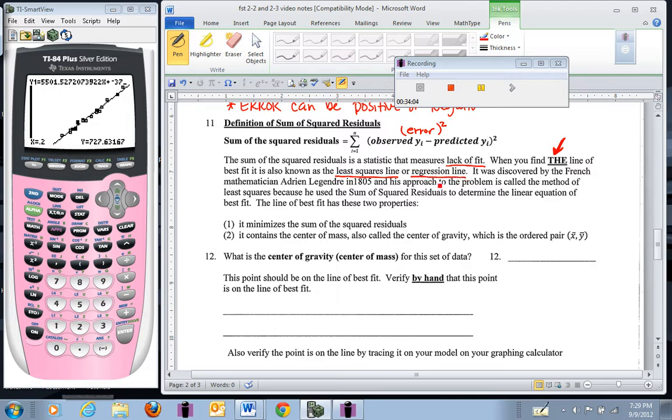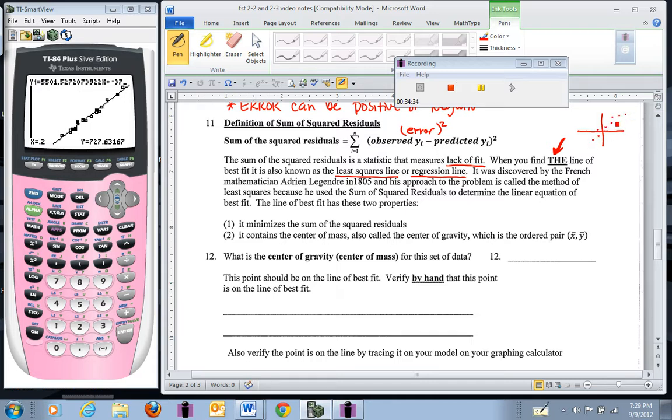It was discovered by the French mathematician Adrien Legendre in 1805, and his approach to the problem is called the method of least squares, because he used the sum of the squared residuals to determine the linear equation for best fit.